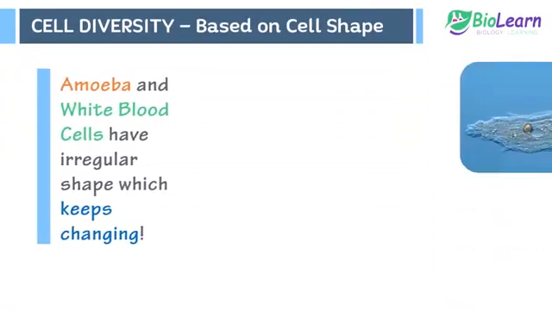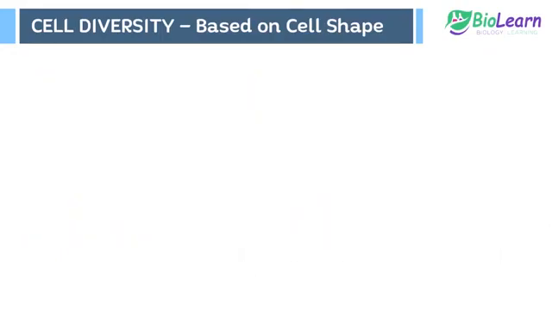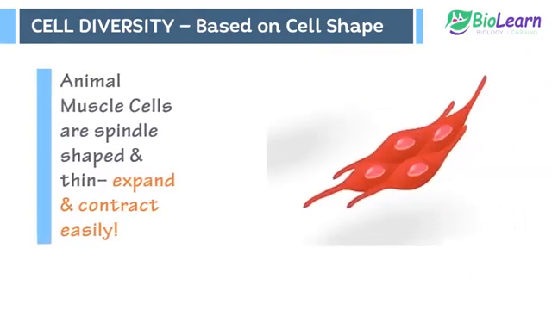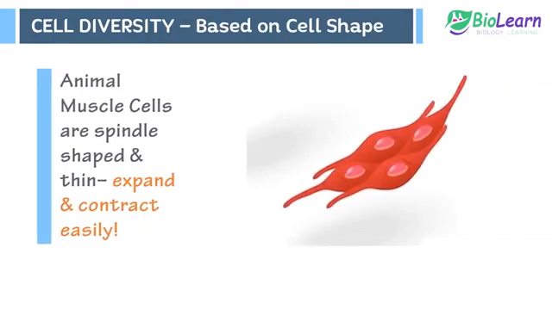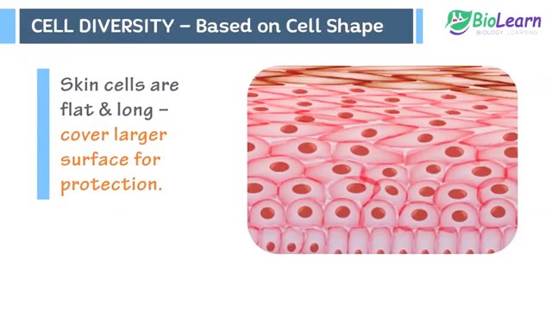Amoeba and white blood cells have an irregular shape which keeps on changing to capture food or during locomotion. Nerve cells are long and branched for quick transmission of messages. Muscle cells are spindle-shaped and thin, which enables them to expand and contract easily. Skin cells are flat and long to cover a larger surface and protect inner parts.